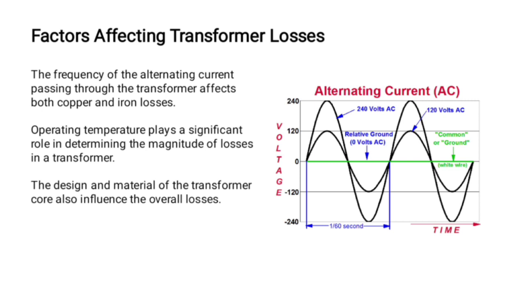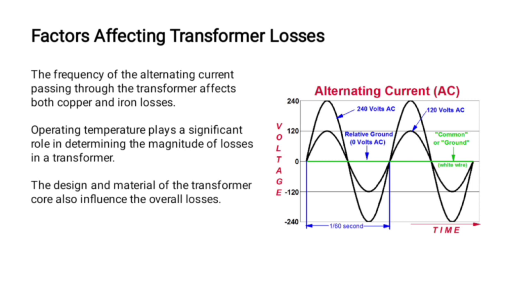These frequencies disturb the transformer core, and operating temperature plays a significant role in determining the magnitude of losses in a transformer. The design and material of the transformer core also influence the overall losses.